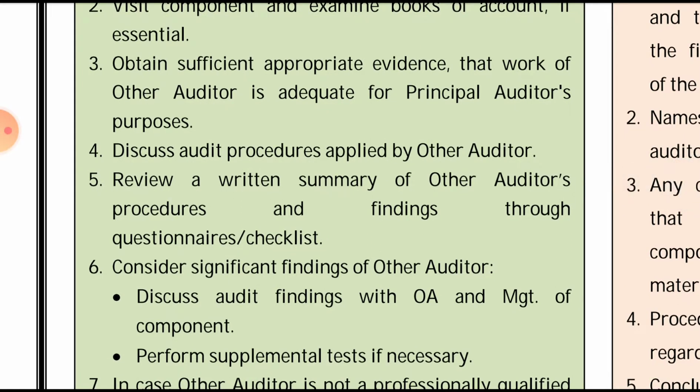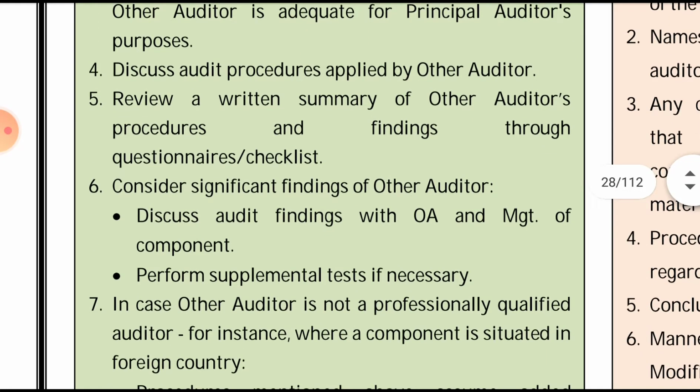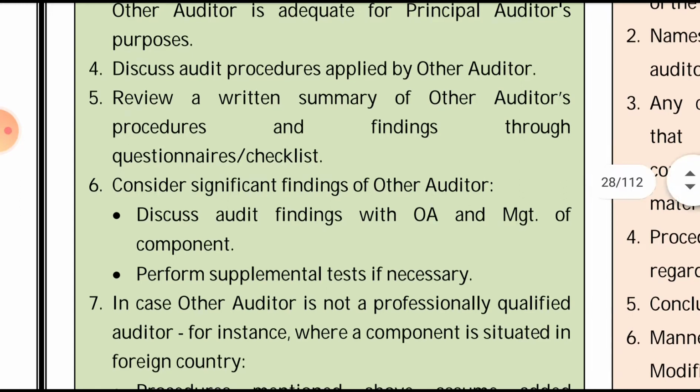Then review the written summary of the other auditor's procedures. The other auditor will give a written summary of the audit procedures and the findings through questionnaires and checklists, and through them the principal auditor will review the procedures and findings.